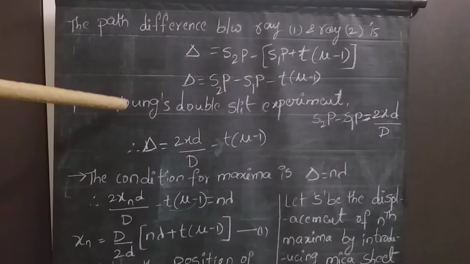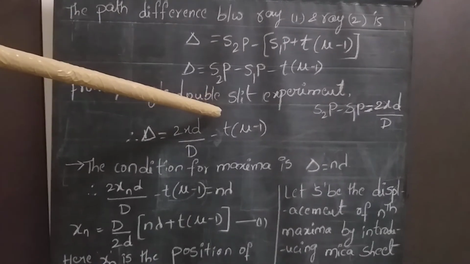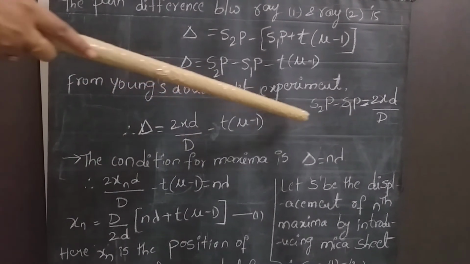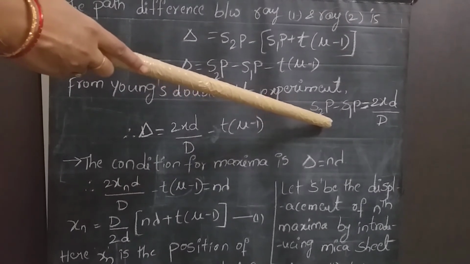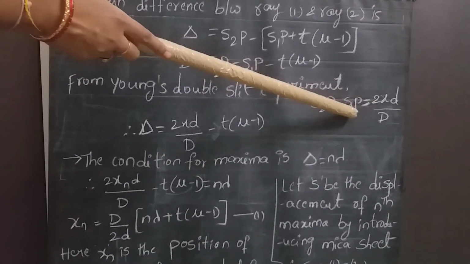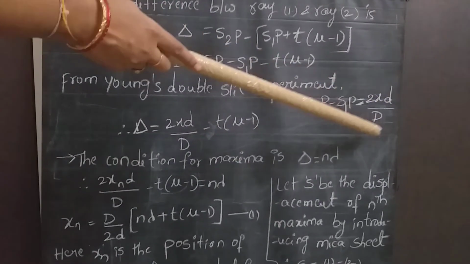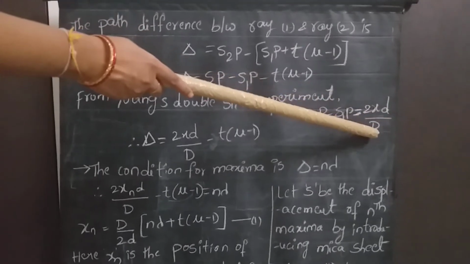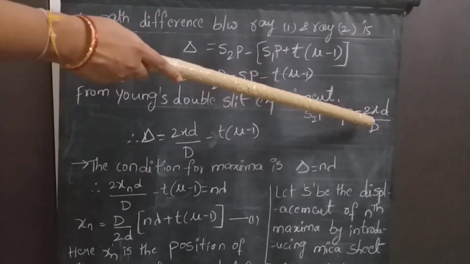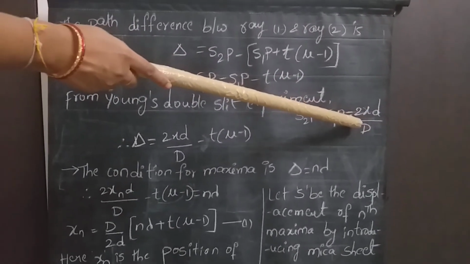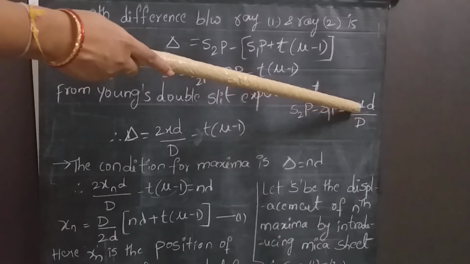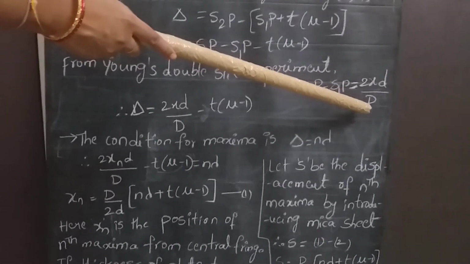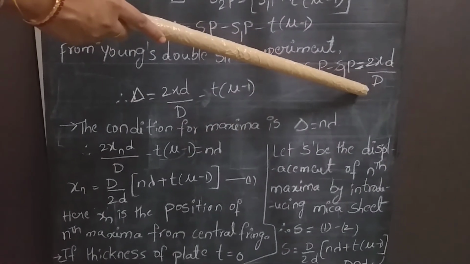Now go back to Young's double slit experiment. If you observe Young's double slit experiment, the value of S2P minus S1P is equal to 2x small d by capital D. Here the terms small d and capital D are both familiar to you. 2d is the distance of separation between the two secondary sources, and capital D is the distance of separation between the sources and the screen.